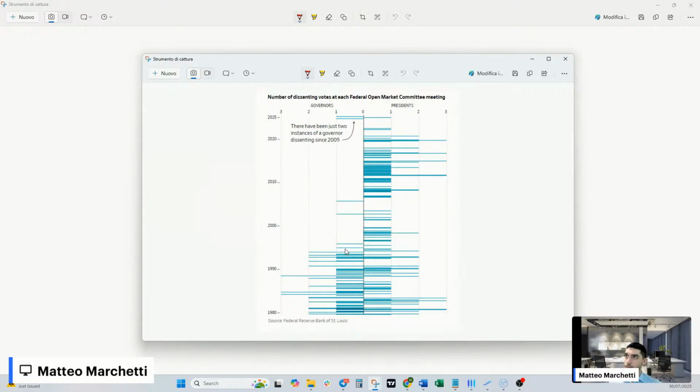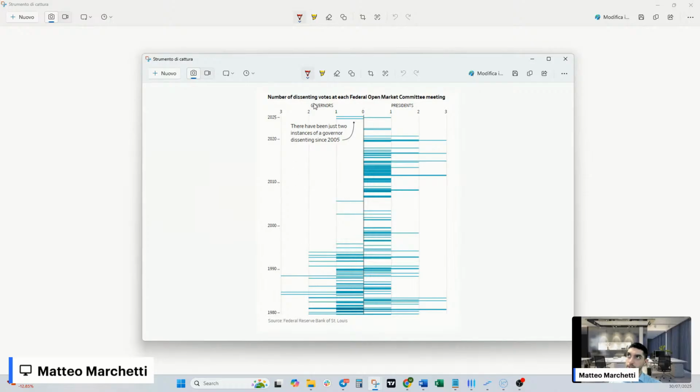And as you can see, starting from 1995, so for the last 20 years or more, we never had a situation in which more than one governor dissented with the decision.